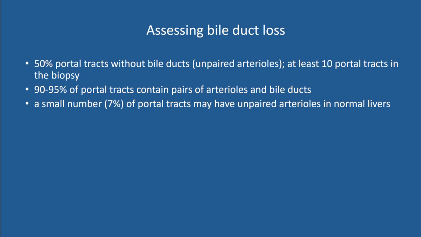And if you don't have the bile duct and there's just a single arteriole, it's an unpaired arteriole. So 50% of portal tracts without bile ducts and at least 10 portal tracts in the liver biopsy is essential before you can call anything a ductopenia. And again, this is because a small number of portal tracts may have unpaired arterioles in the normal liver.